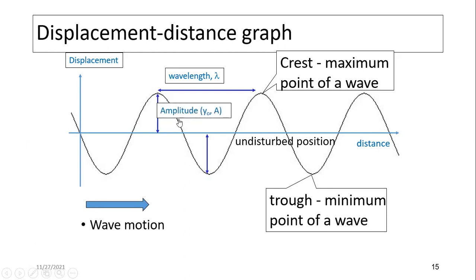We represent it with Y0 or A. Previously, in topic 19, we represented it with X0, but because we are going to use X for distance, we use Y0 for amplitude. Displacement can be any value, depending on where you measure it. The largest one is the amplitude.